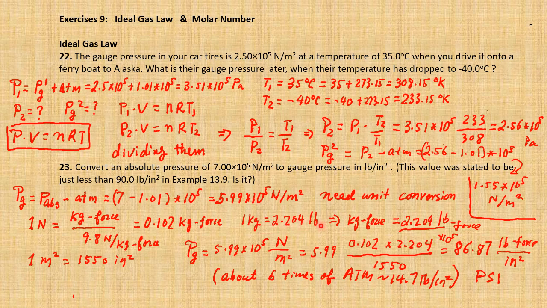So therefore, kilogram force is actually 2.204 pound force. And pound force is how much gravitational force 1 pound of mass will sense on the Earth's surface. Sometimes people drop all this statement. They just say 1 pound force.